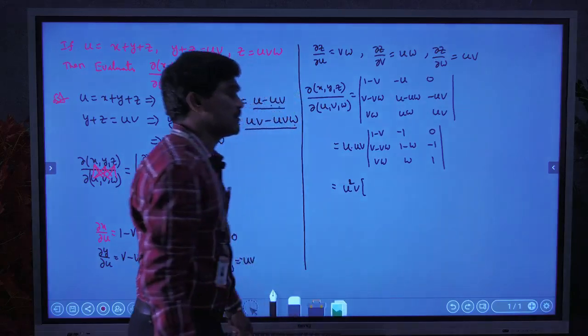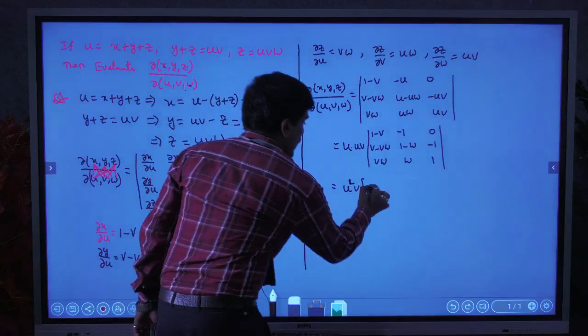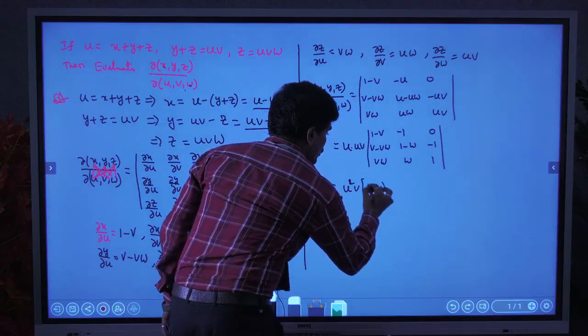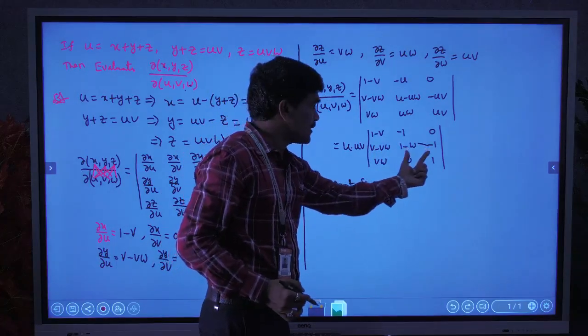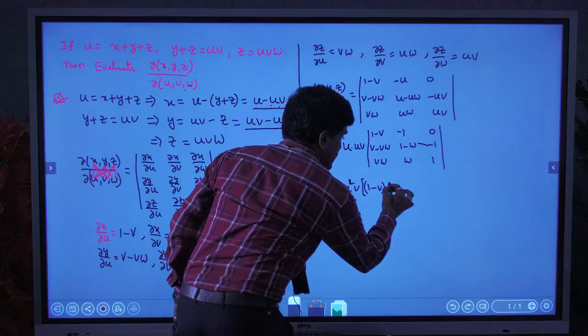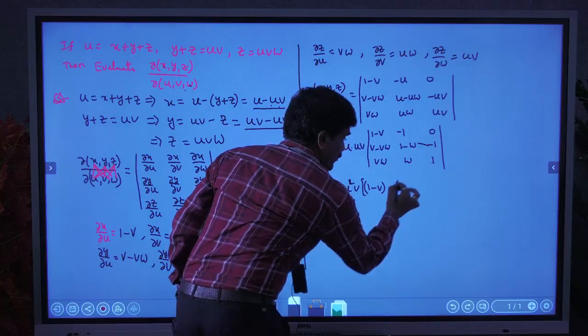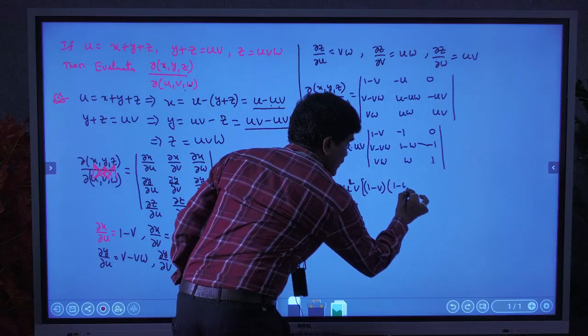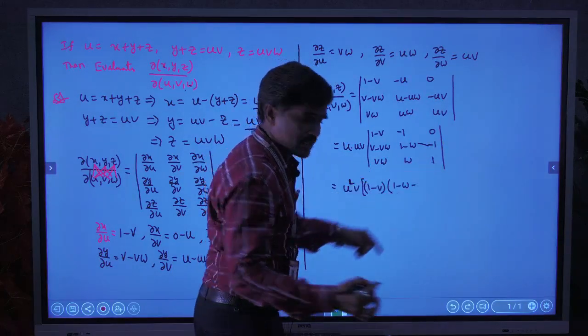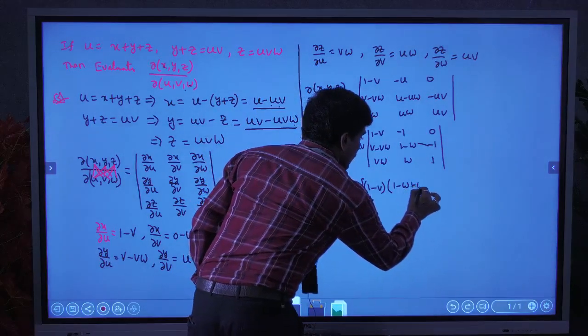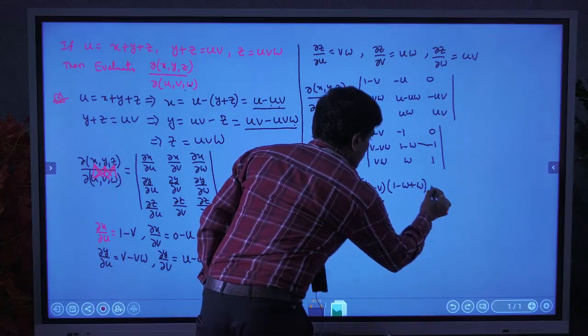Calculate the determinant of this one. Now 1 minus v into the remaining submatrix: 1 minus w into 1, here 1 minus w minus w into minus 1, so minus of minus gives plus w, right?